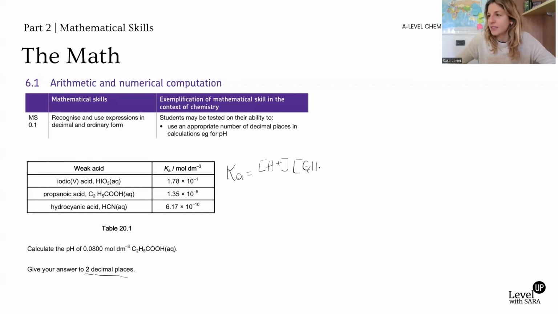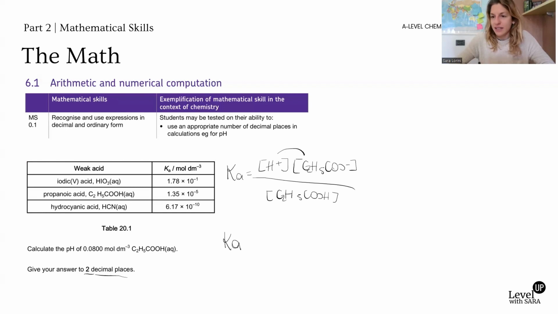So the product is the dissociated acid, divided by the weak acid, C2H5COOH. Okay? So here it's very important to remember the assumption that we make, that these two are the same, so that we can rearrange the equation.